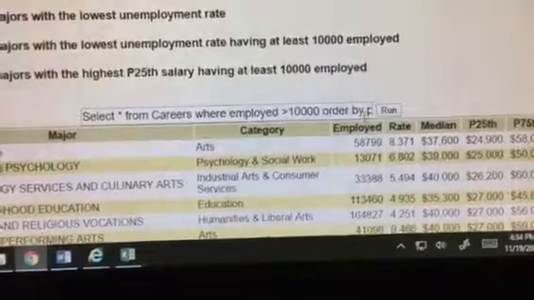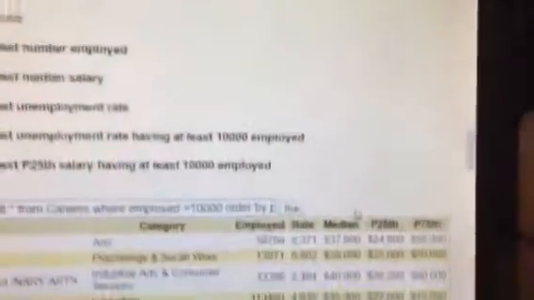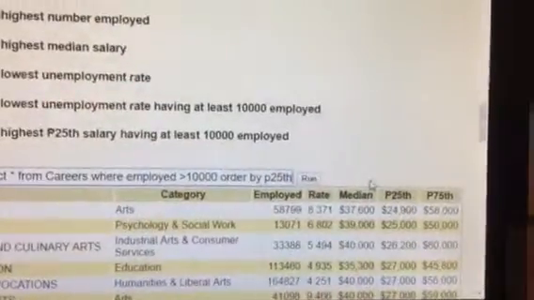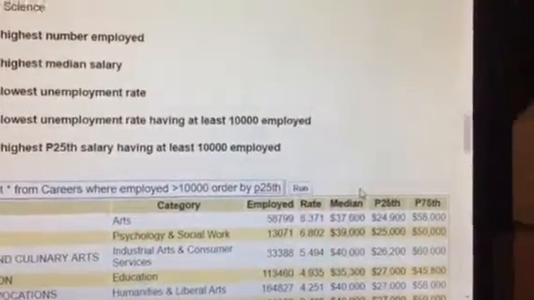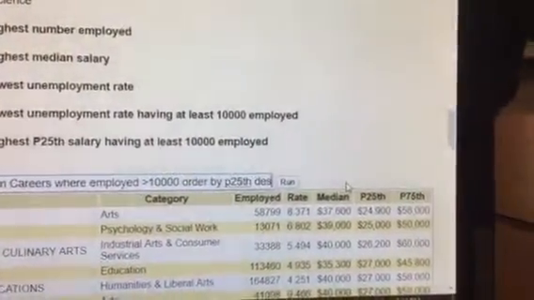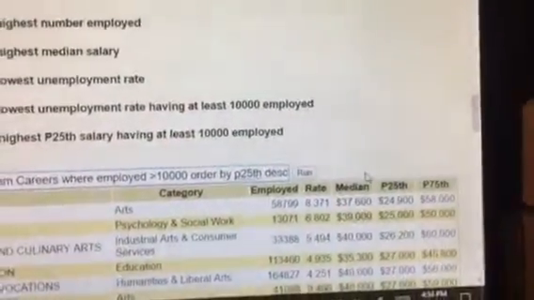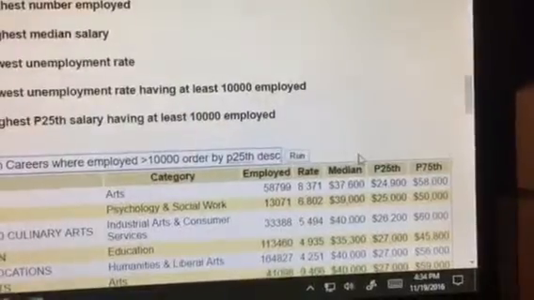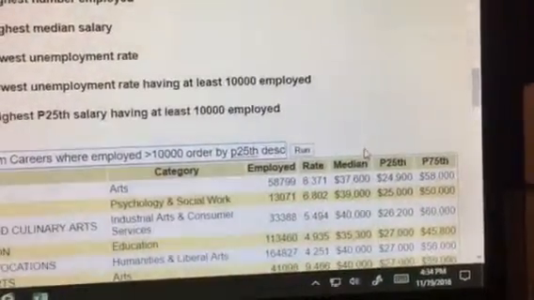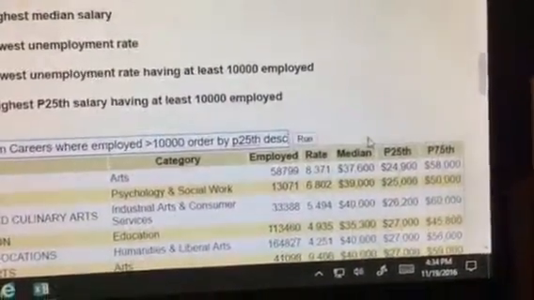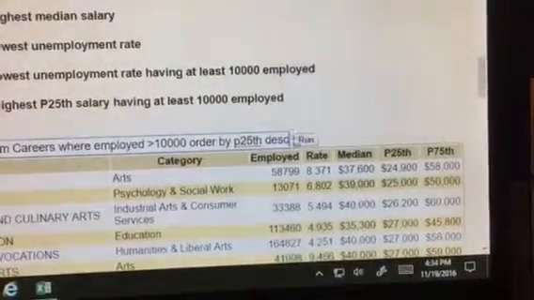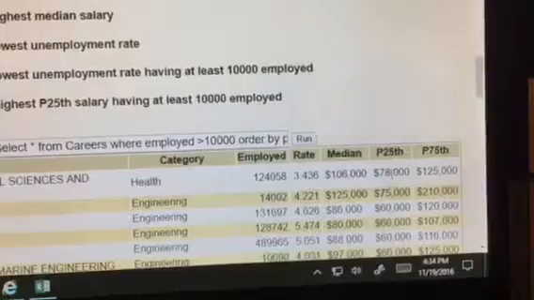So am I done? That's going from the lowest salaries. I want the highest, so I need to add one more thing, and that is the word descending. We don't type out the whole word. We use an abbreviation, DESC. If I wanted the lowest first, which is what I have now, that's the default, I'd type ASC. Hit run, and there we go.